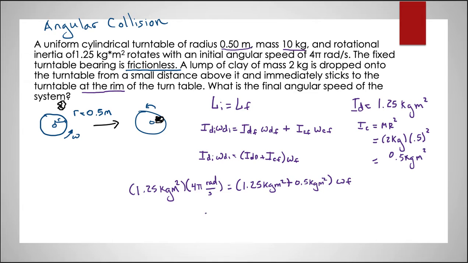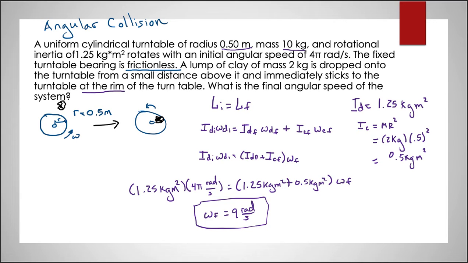And we'll find that omega final should work out to be 9 radians per second. Again, that's the omega final for the clay and for the turntable. Now, if you wanted to, you could also find what the linear speed of this clay is at the edge, and so on and so forth.